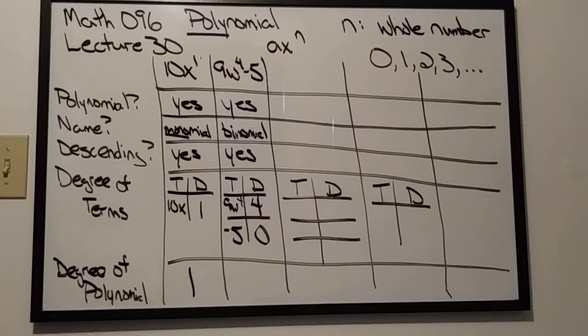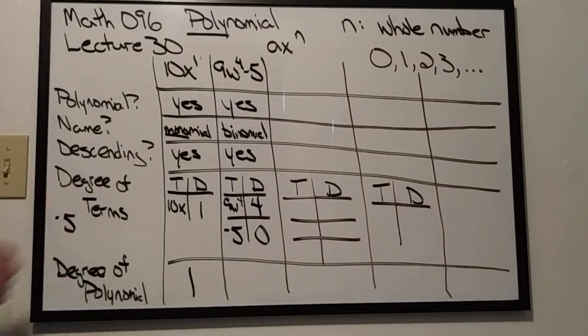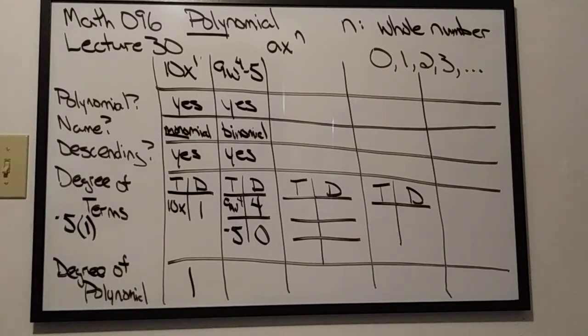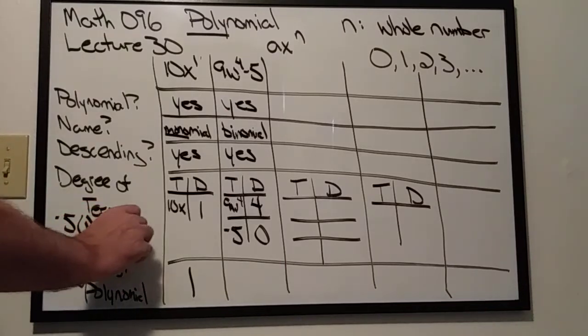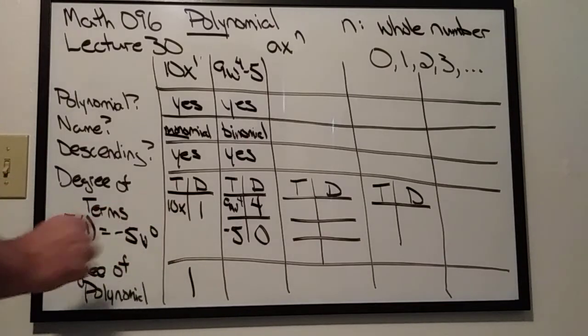But officially, what's really happening here is that we can think about that negative 5 as negative 5 times 1, because negative 5 times 1 is still just negative 5. But if you think about our exponent rules from the other day, we have this idea about a 0 exponent. The 0 exponent says that 1 is really the same as w to the 0 power.